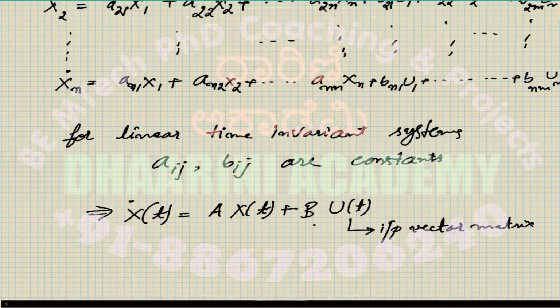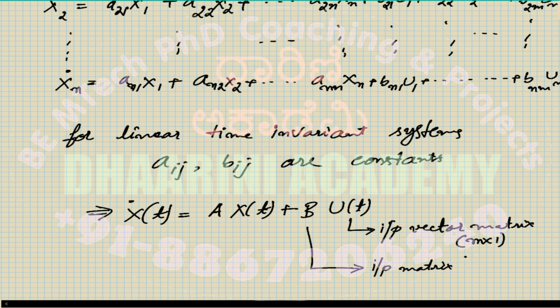Now what is the size of u of t? U of t is m rows, 1 column, so in brackets I write m cross 1. Now B is called the input matrix.